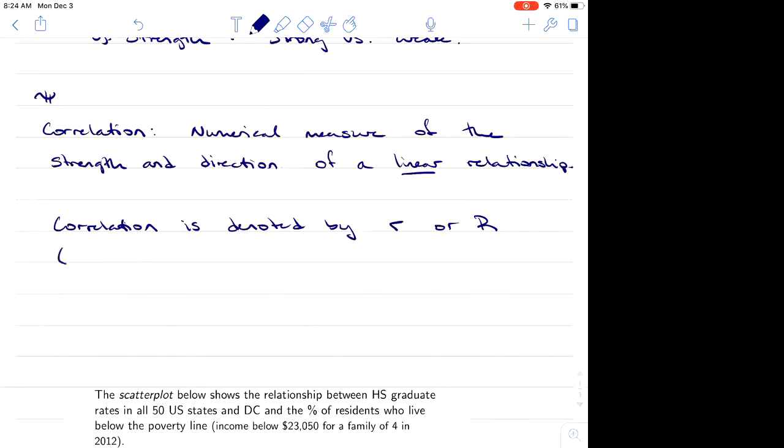So I will use r. The textbook uses capital R. On your formula sheet, I even have a little note at the very bottom: lowercase r and capital R are used interchangeably. So it doesn't matter, whichever one you like is the one you can use.